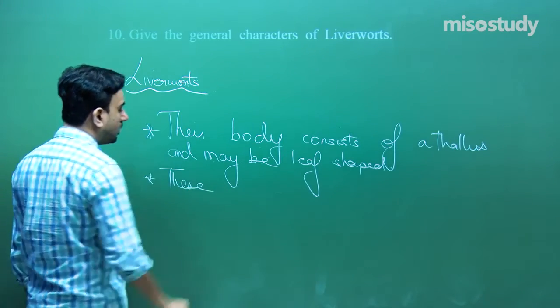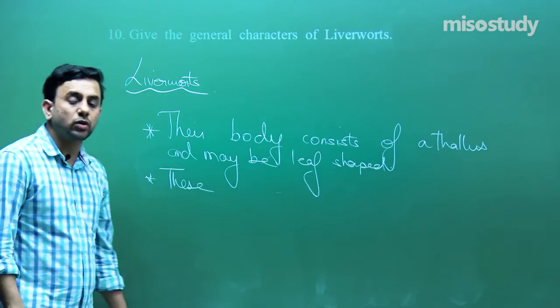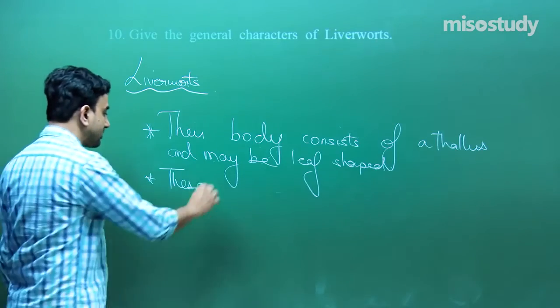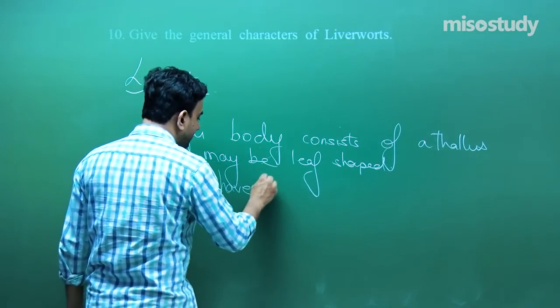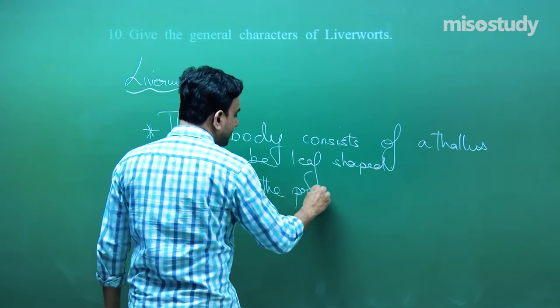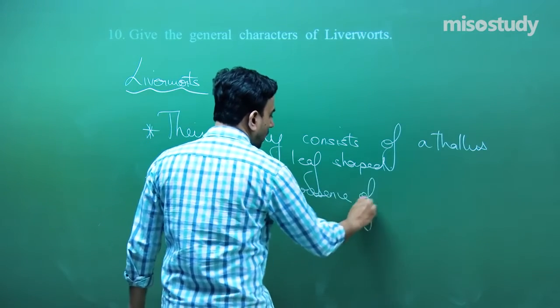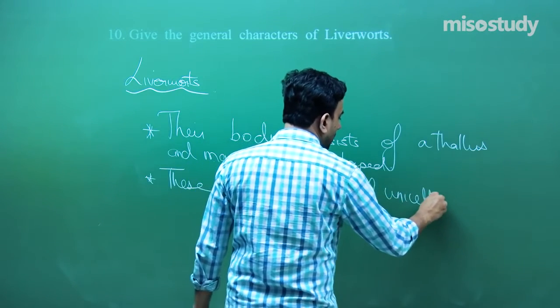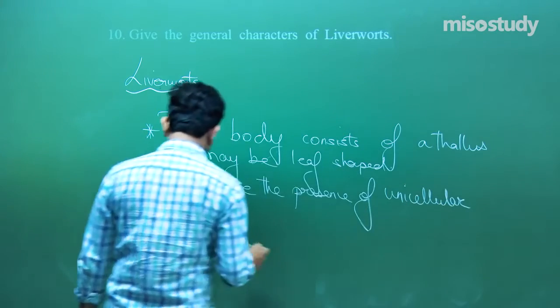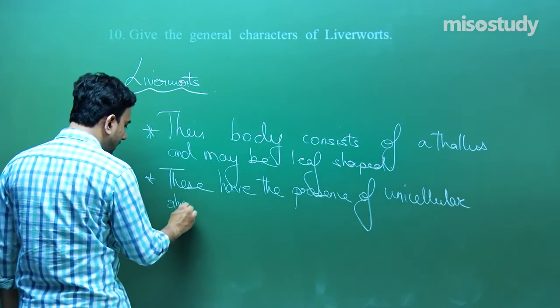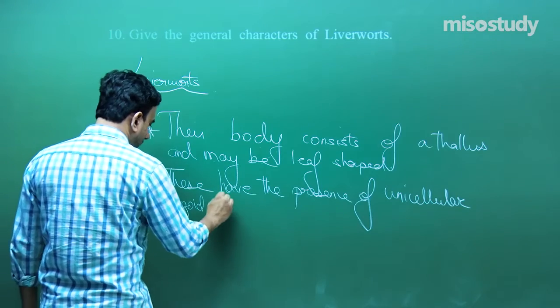These have the presence of unicellular rhizoid like root structures.